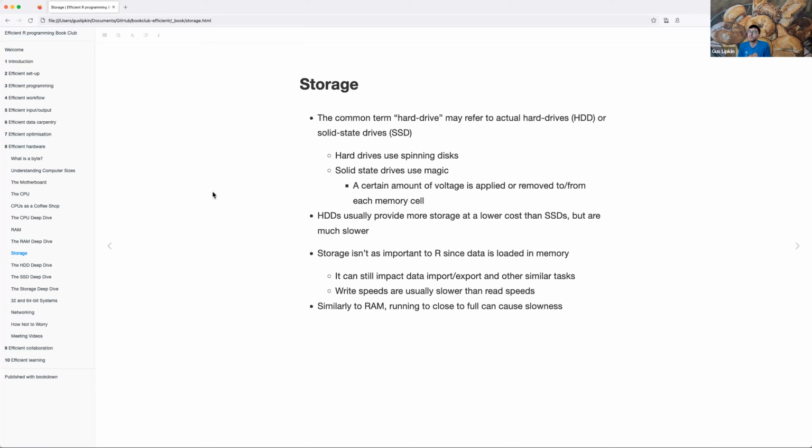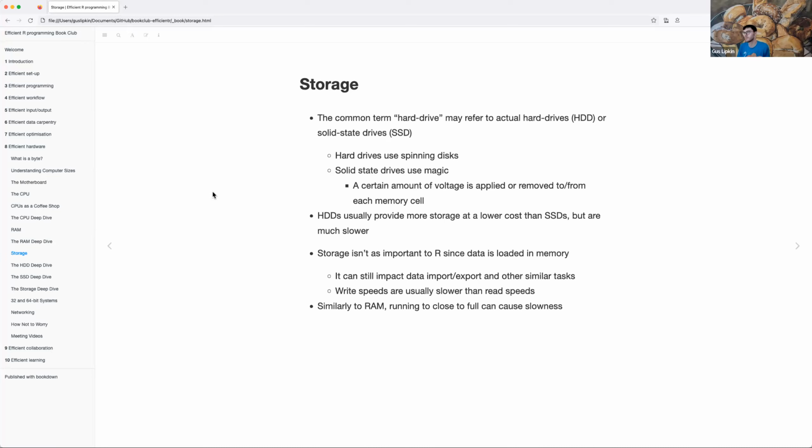And for the time being, hard drives provide more storage at lower cost than solid state drives, but they're usually much slower. And just raw storage capacity isn't as important to R since you load data into memory, but it can still impact import and export workflows. And write speeds are usually slower than read speeds.